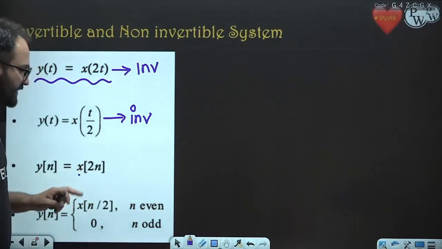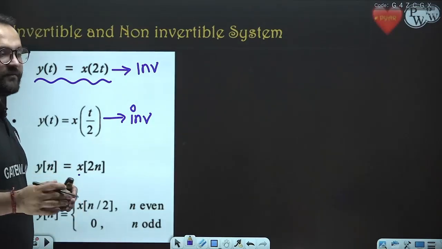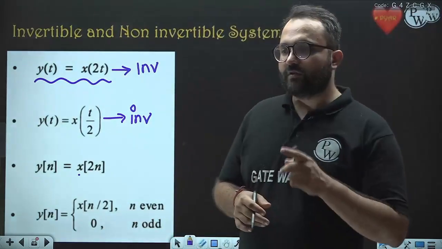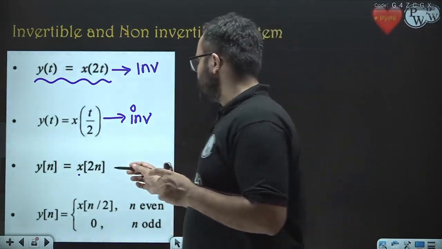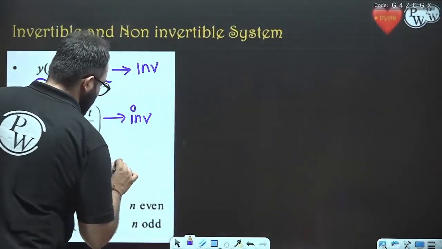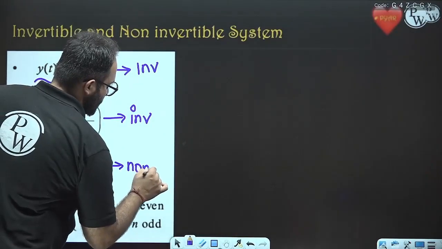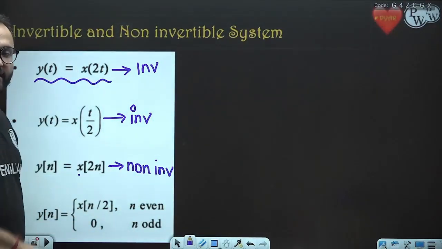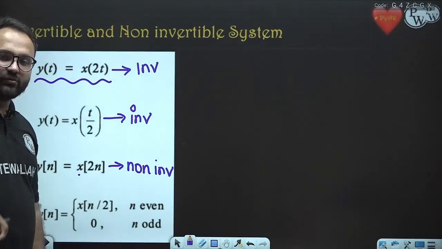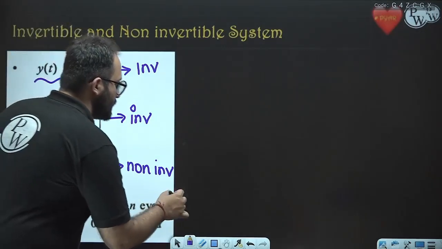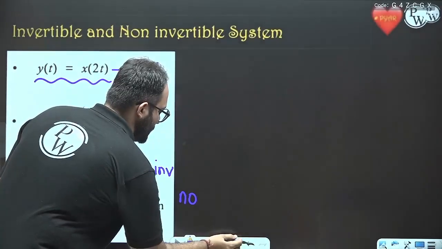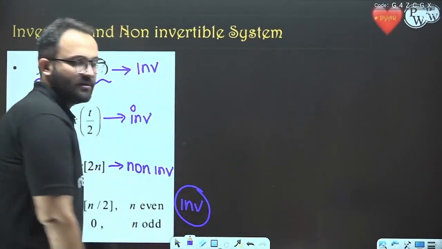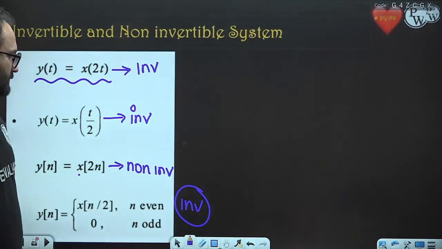But in the discrete case, when we compress, contract, or decimate, there is information loss, and thus this is non-invertible. But in the last case, when we are interpolating, padding zeros, there is no information loss. So the last one is invertible.